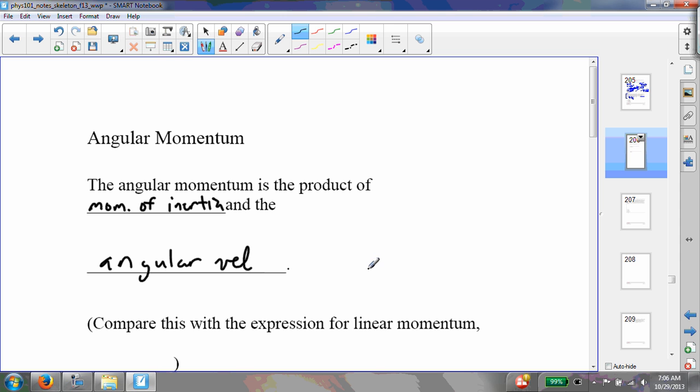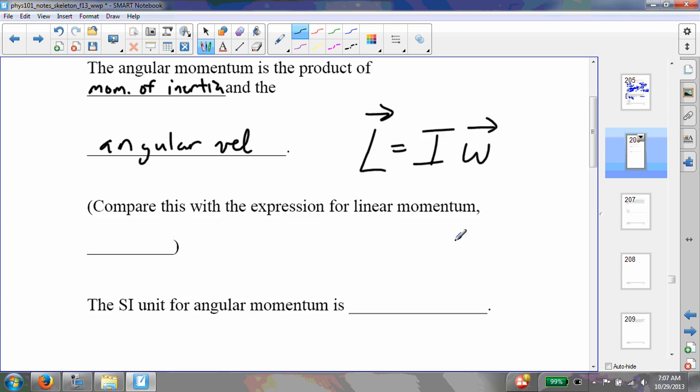So L is equal to I times omega. L is a vector quantity, and omega is a vector quantity as well.